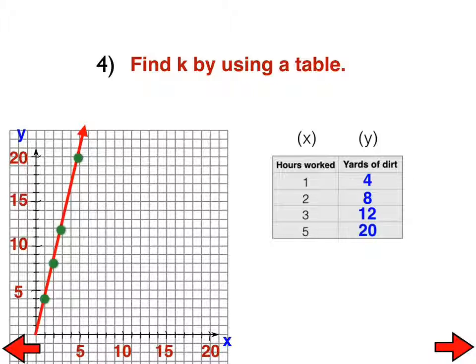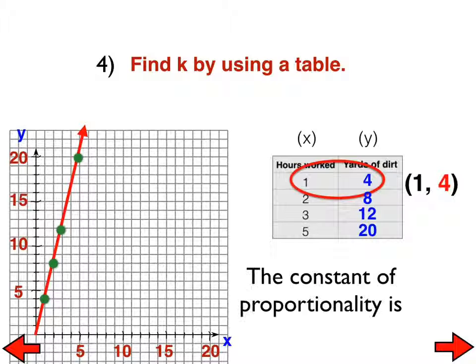So I'm reading it by going over until I hit the dot, then up. Over 1, up 4. Over 2, up 8. If you used ratios here, you can also see that they all reduce to 4 over 1. And since there's a 1 in the table, I see that (1, 4) here. That's my constant. Okay? Everything coming together? Good.